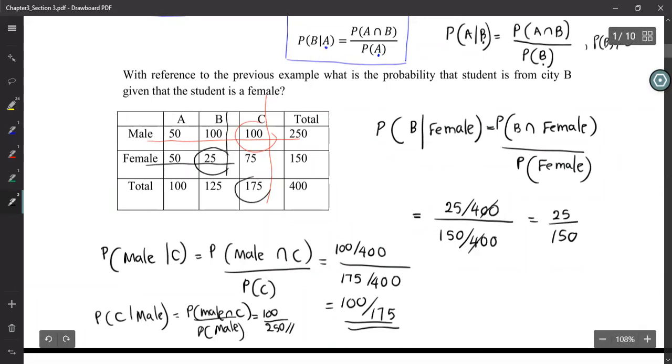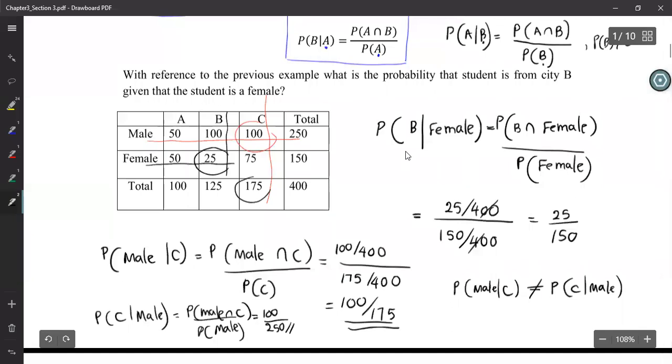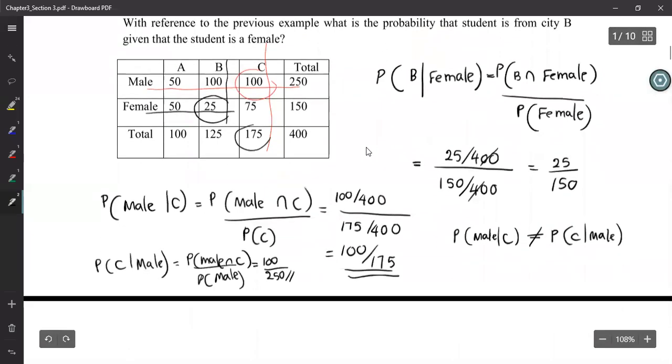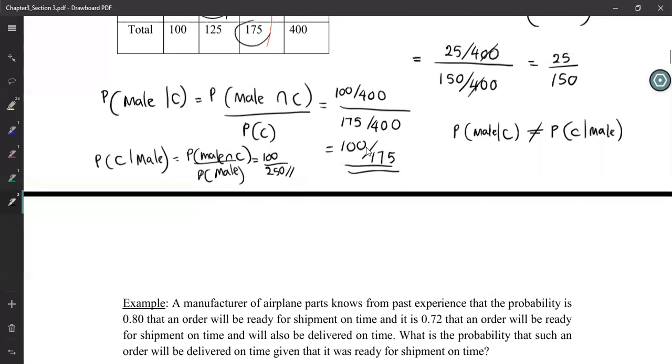So C given male is 100 over 250. Male given C is 100 over 175. So you can see the difference. Male given C is not equal to C given male. So you cannot interchange them, like the union or intersection. Right.